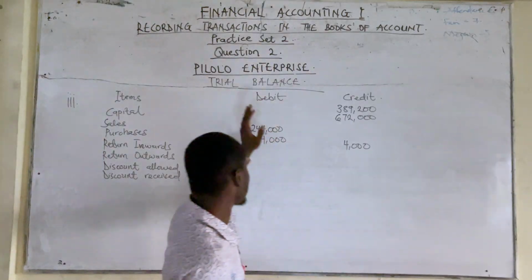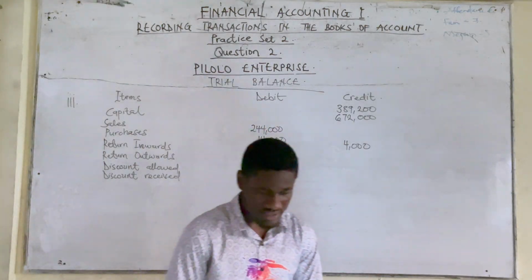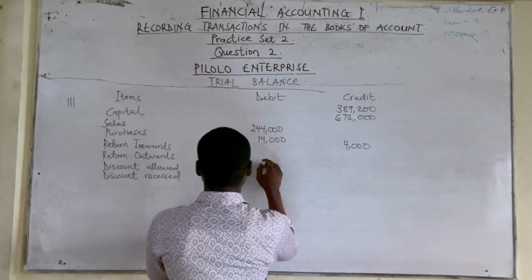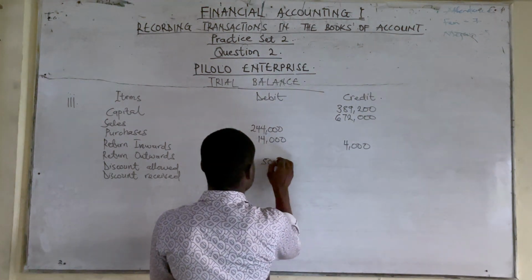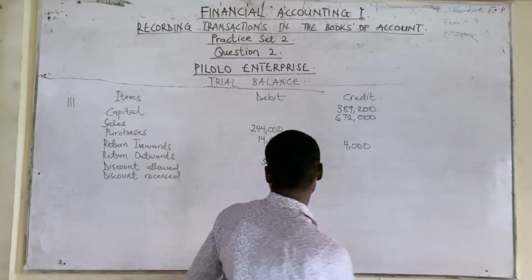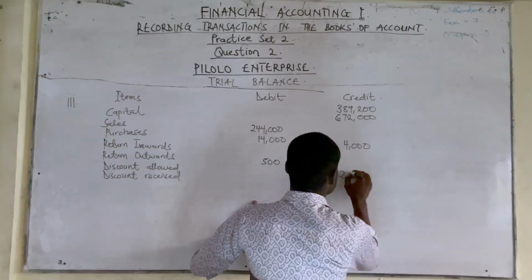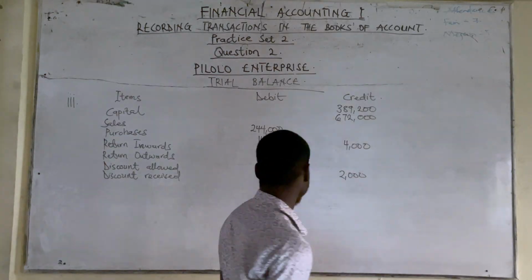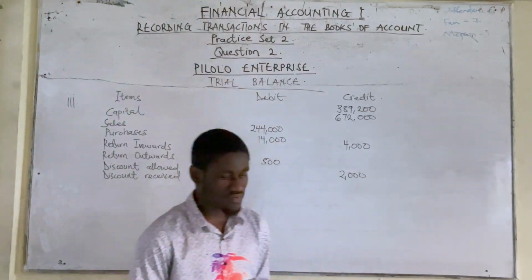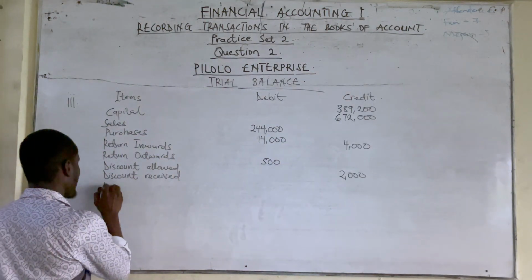So we are recording the debit balances here, and the amount was 500. And for the discount received, it was 2,000. It had a credit balance of 2,000. Good.